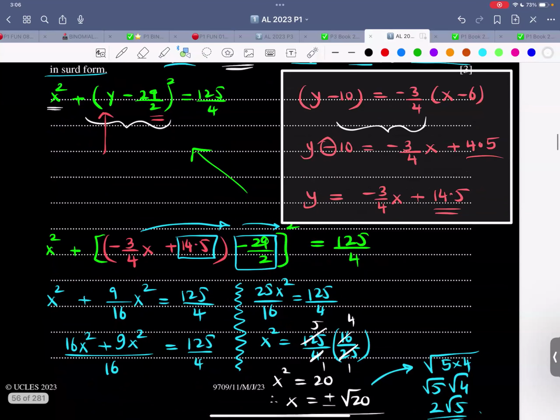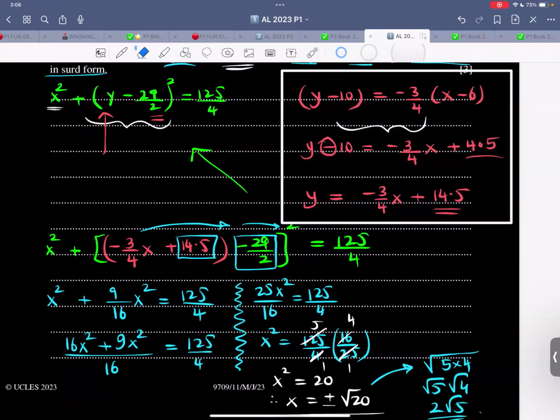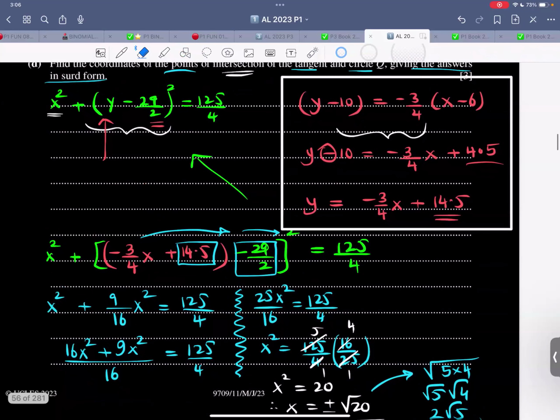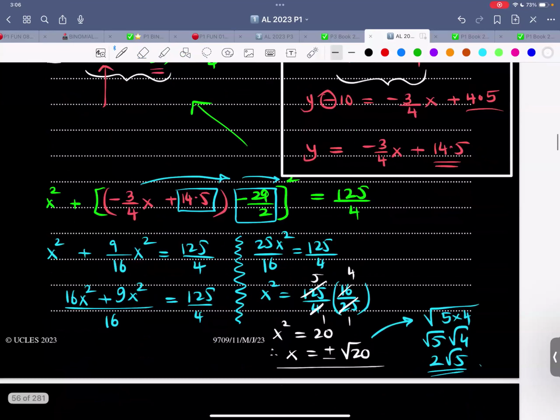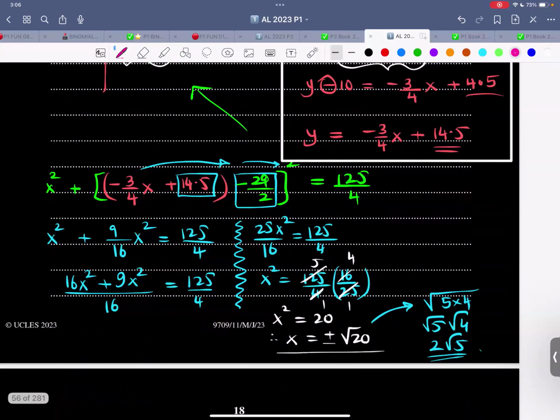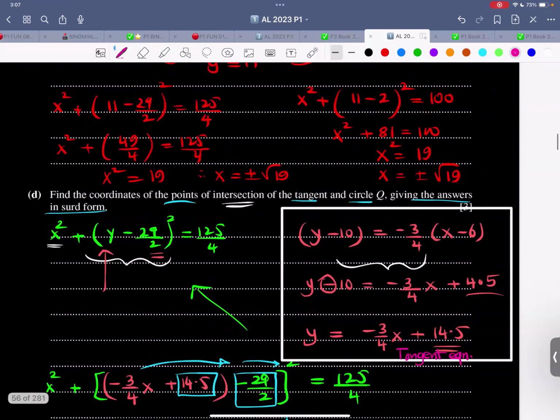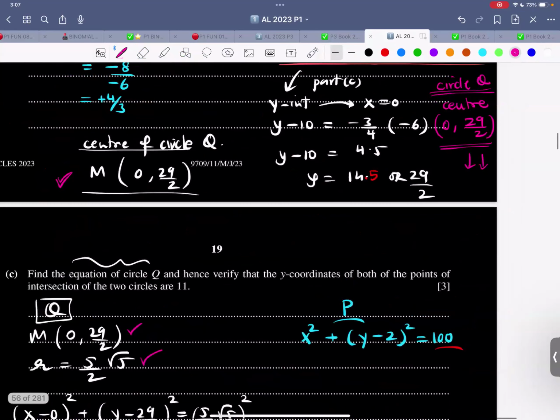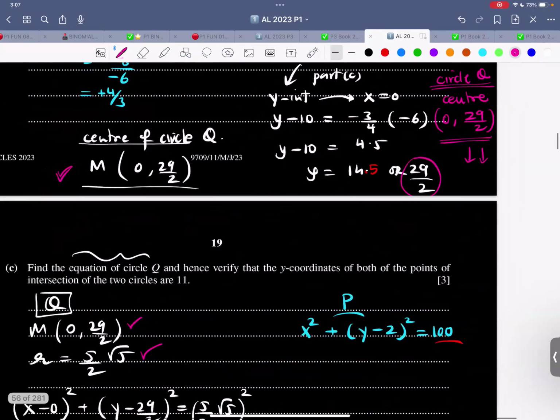Let me just erase this. Okay, so this is the simplified form of the tangent equation: y equals negative 3/4 x plus 14.5, in the form y equals mx plus c. Now keep in mind 14.5 is the same thing as 29/2.